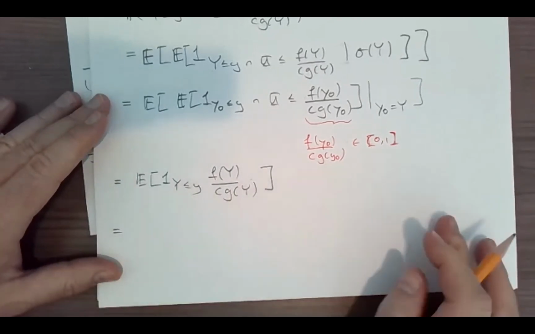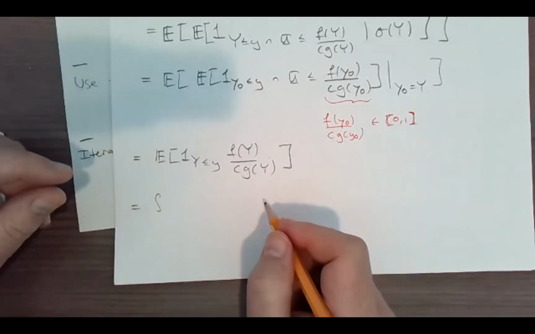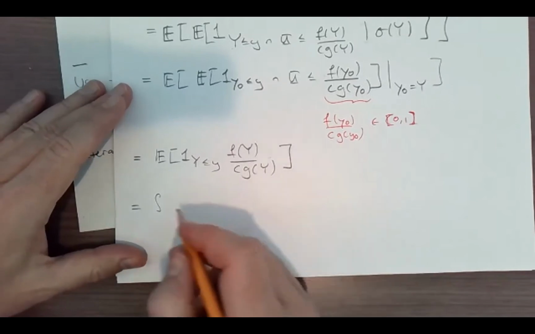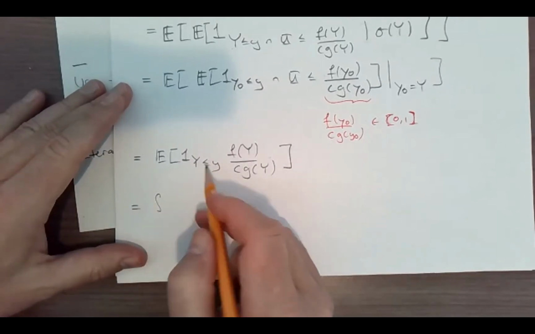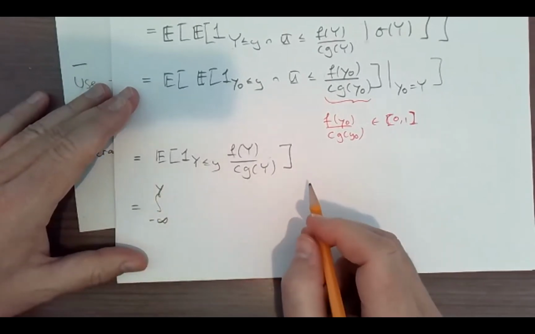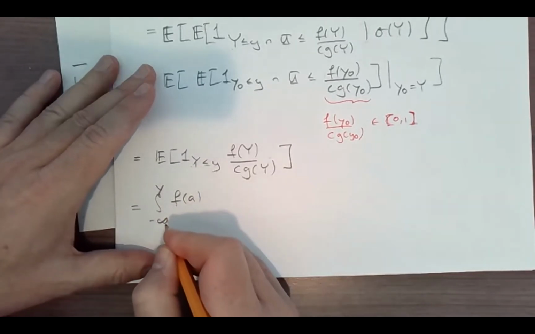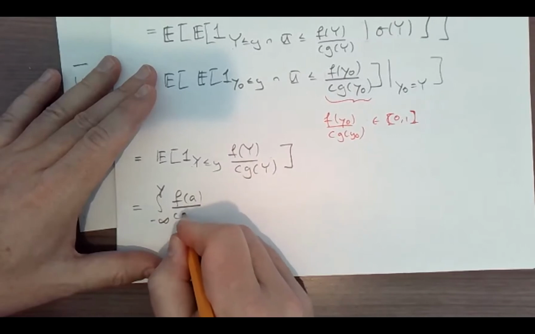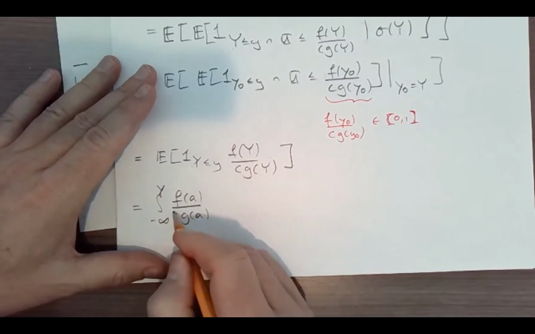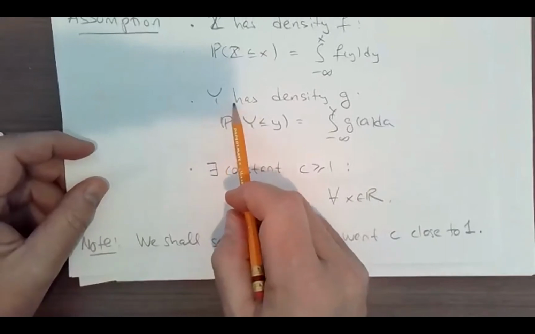I know that Y has a density, so I can integrate here. Y has density, so I'm going to integrate from minus infinity up to little y. That's the first part. And then I'll have f of a divided by c g of a, multiplied onto Y's density. What was Y's density? Y has density g, so I need a g there.